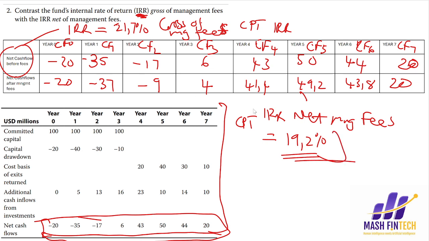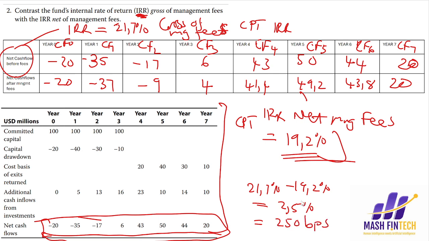This is correct. And what you see is that if the management fees are paid across all these years, from here where it's 2, 1.6, 0.8, 0.2, what you realize is that the internal rate of return is going to be approximately, there's a difference of 250 basis points, 21.7% minus 19.2%, you're going to get 2.5%, which is the same as saying 250 basis points.